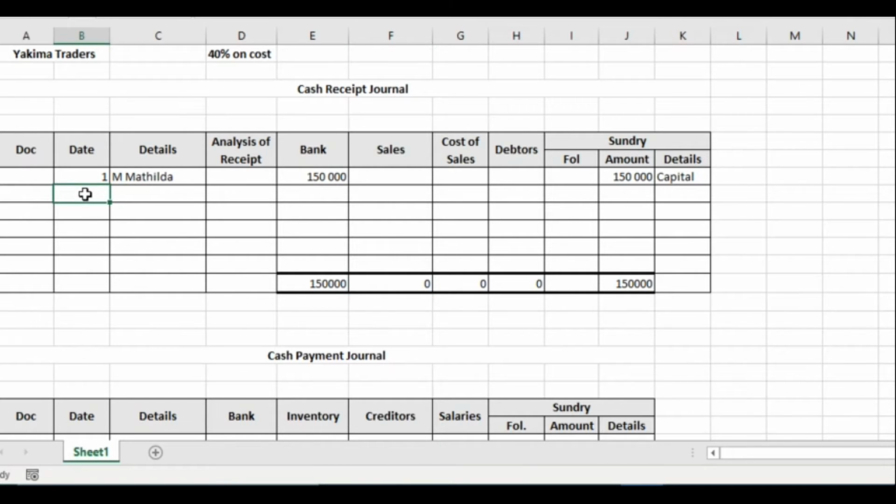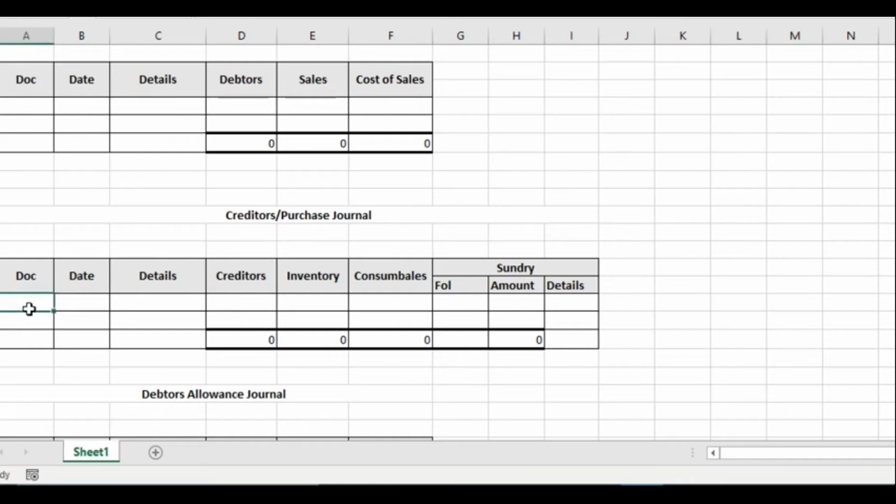So the next transaction says we purchased trading inventory from Estrella Enterprises on credit, 65,943, received invoice EE295. So we purchased on credit. This will go straight to our CJ, our creditors journal. We're going to start off with the doc number, which is EE295, and then our date is the first.